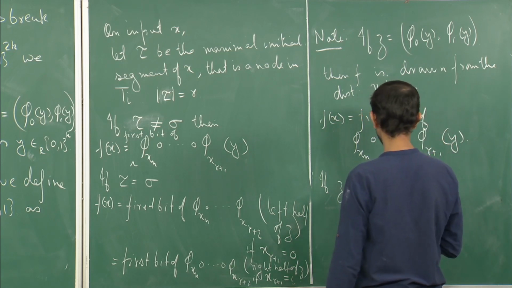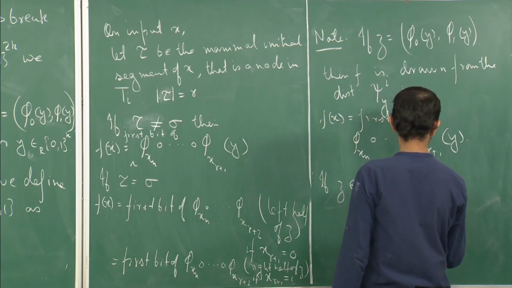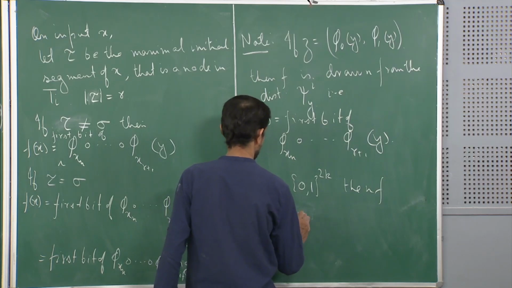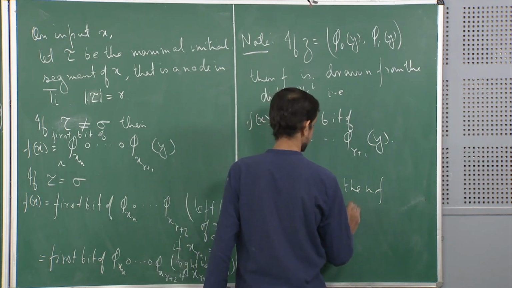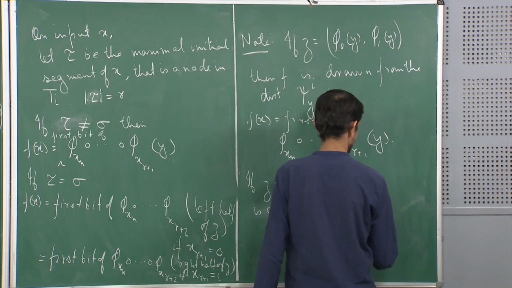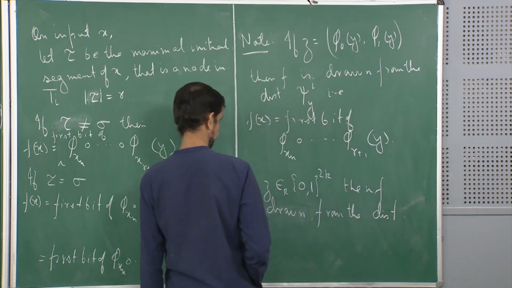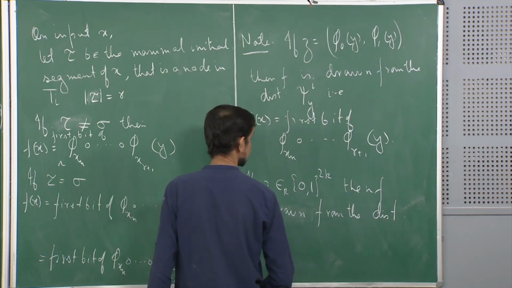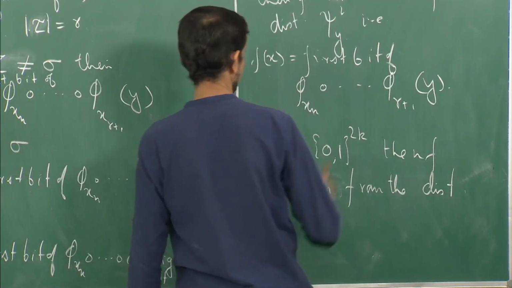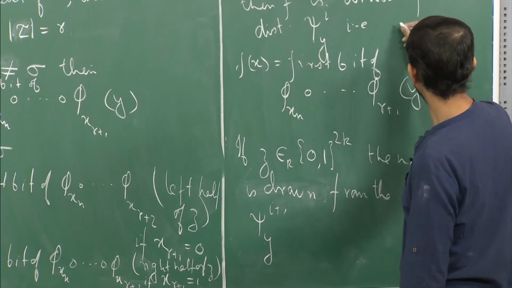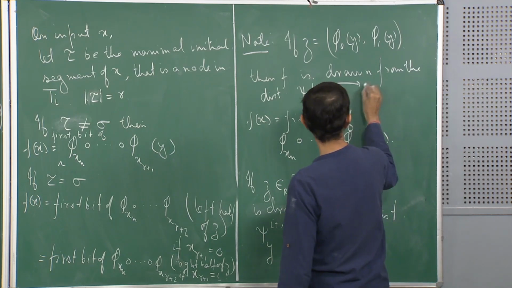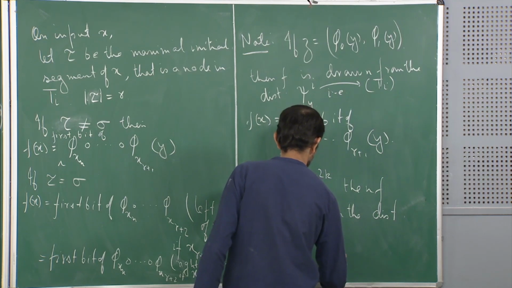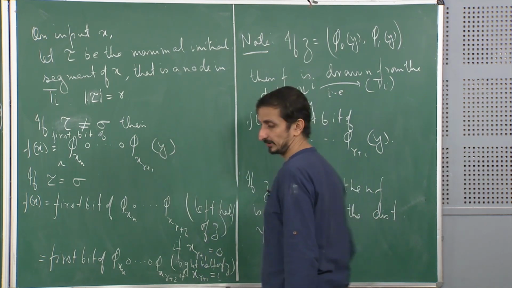So therefore, if z is a random string over here, then f is drawn from the distribution psi_{i+1}^y. And this distribution corresponds to the tree t_i, and this corresponds to the tree t_{i+1}.